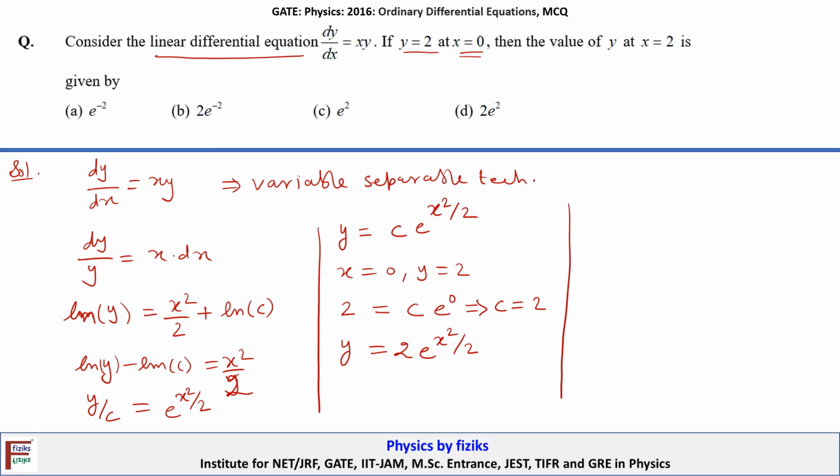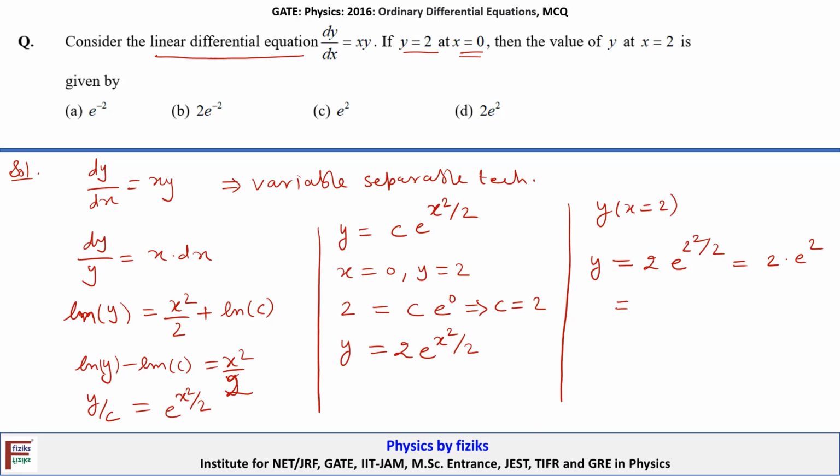Now we also find the value of y at x is equal to 2. Putting x is equal to 2 in this final solution of the differential equation, that is 2 into e to the power 2 square by 2, that becomes 2 into e square.